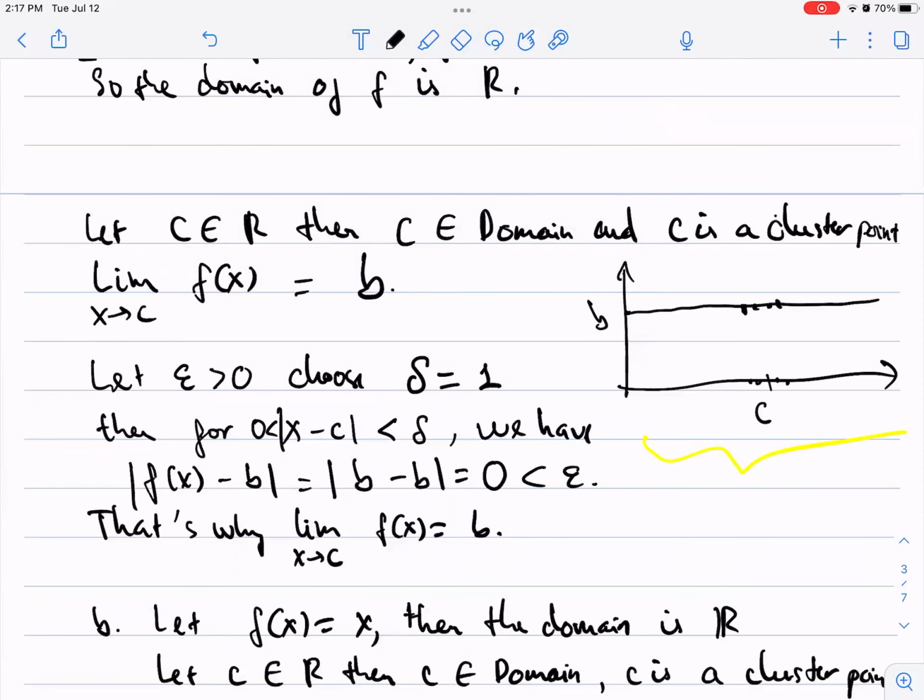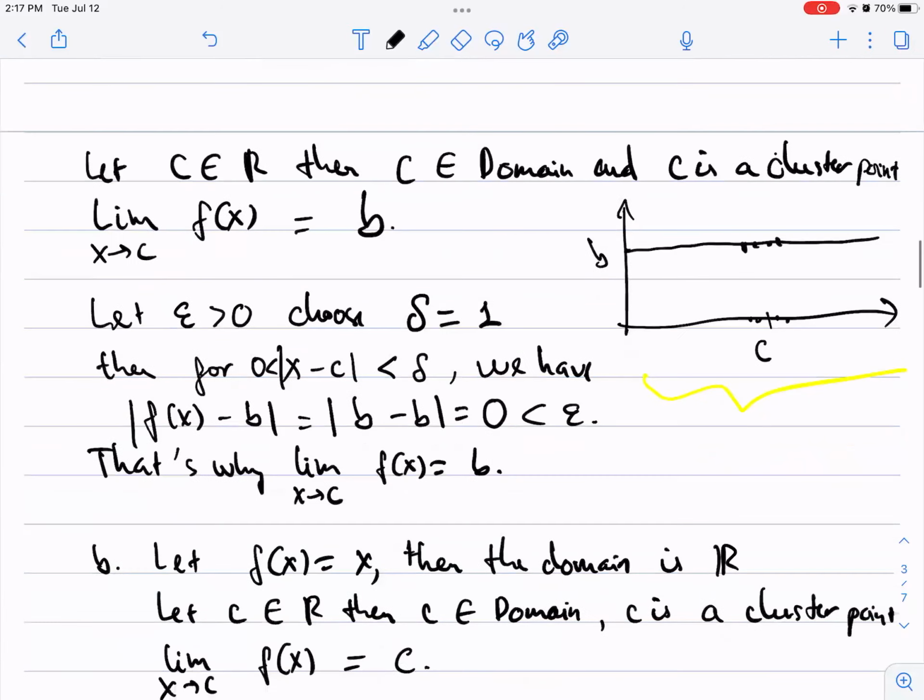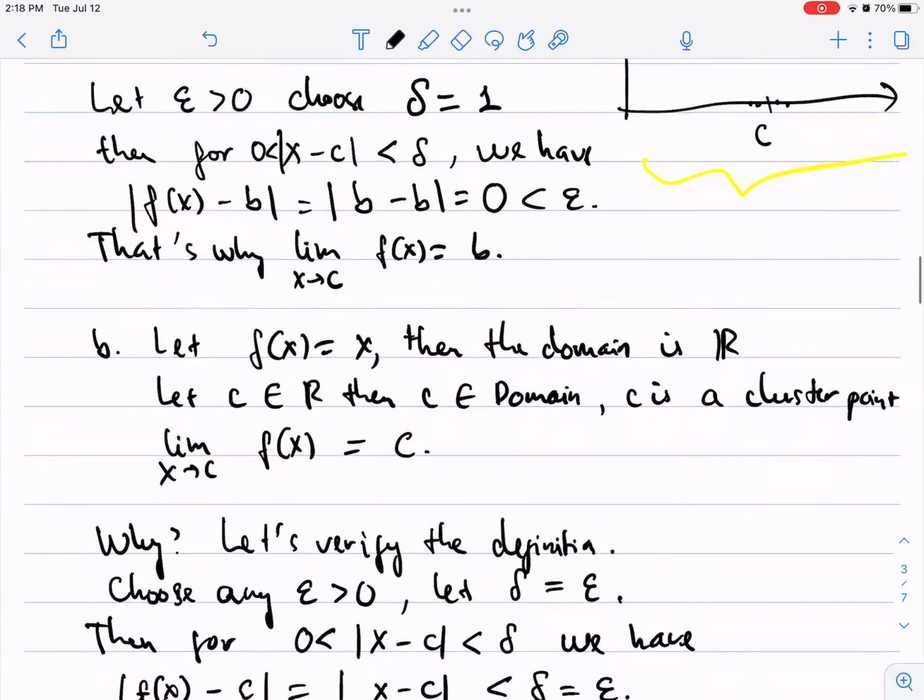Also, another point to observe is that here the choice of delta is quite arbitrary. Indeed, instead of choosing delta equal to 1, we can choose delta equal to 2, delta equal to 3, and so on, and the same argument is applicable. So this is a very special case when the function is a constant.